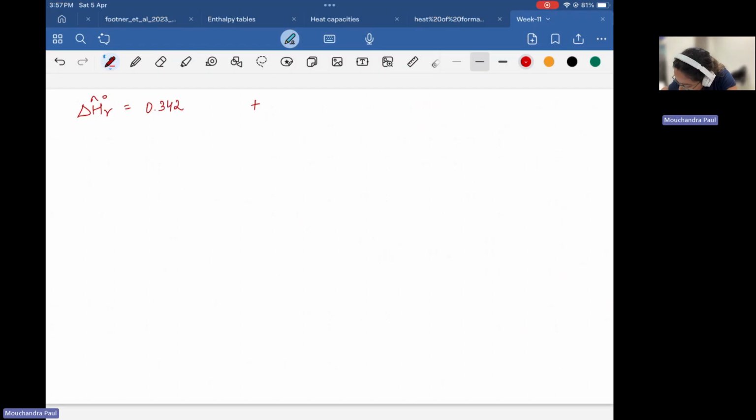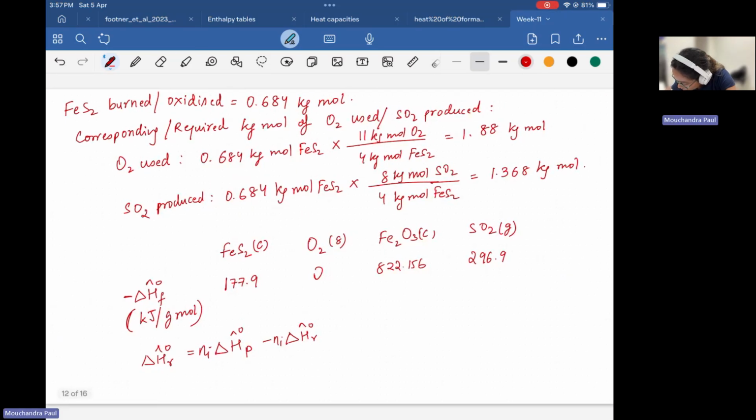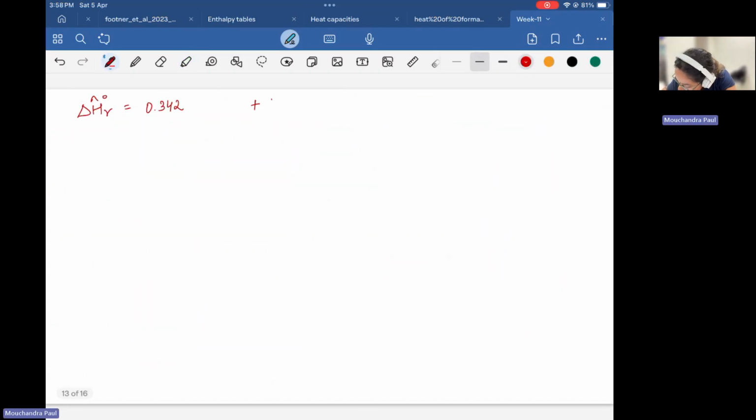Then for SO2, the number of moles that is produced is 1.368.